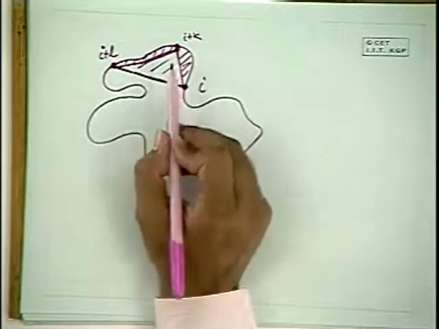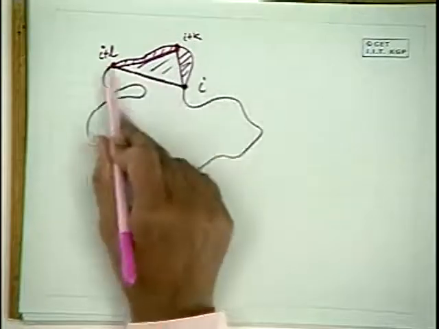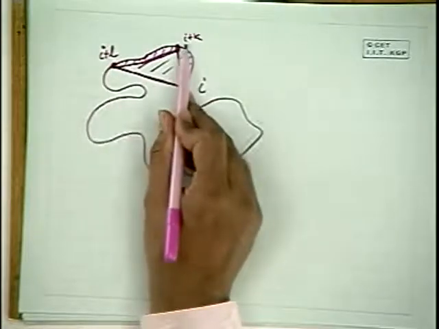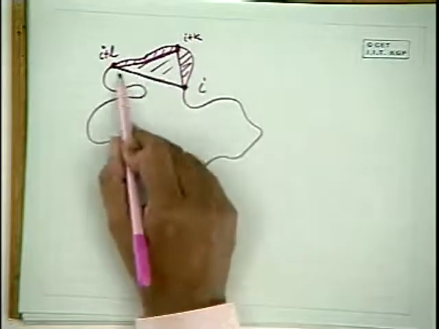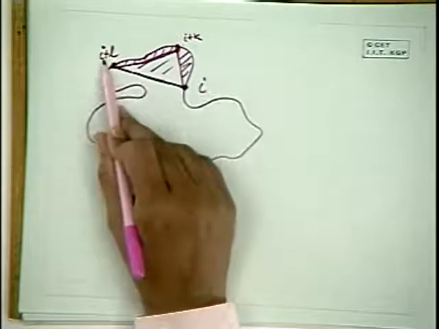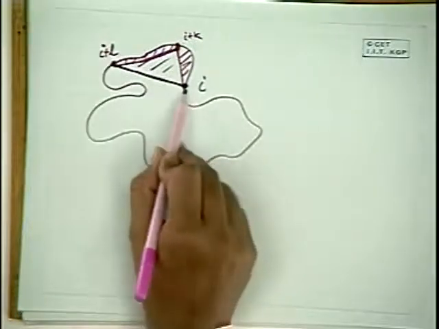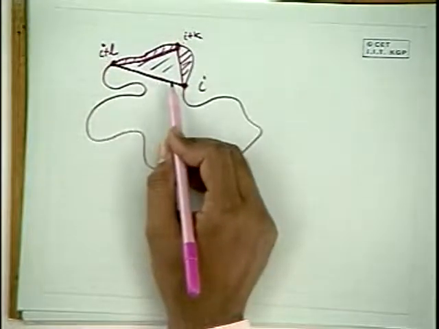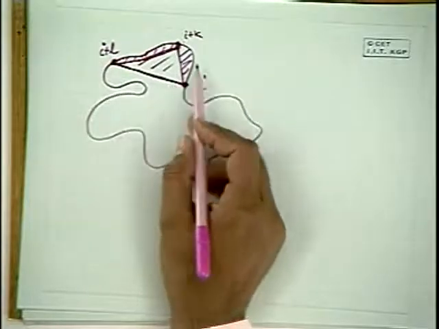Suppose you are considering the optimal triangulation of this polygon I to I plus L, then there must be one triangle for some value of K, such that this subpolygon between I plus K and I plus L, and the other subpolygon I to I plus K, both must be optimally triangulated. Otherwise, your entire triangulation cannot be an optimal triangulation for this subpolygon. Have you understood this? This is a very crucial thing to understand for your dynamic programming approach.